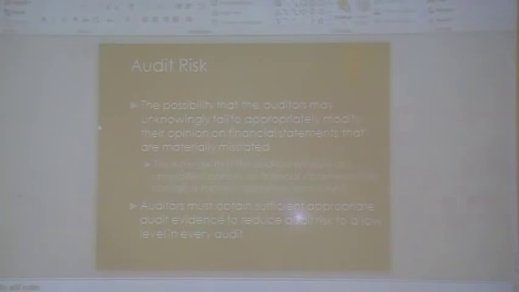So you're linking your control risk with your internal controls. If the company has a set of controls and they're actually weak, so they're not proper controls in place, then that makes the job of the auditor harder because he has to do more testing and looking for information to confirm his opinion that the accounts give a true and fair view.